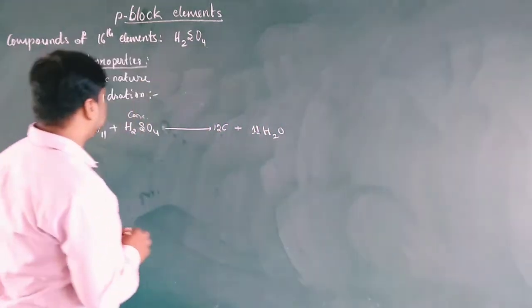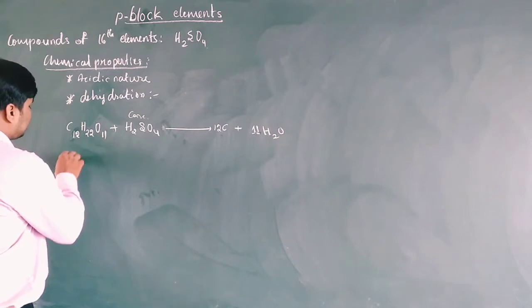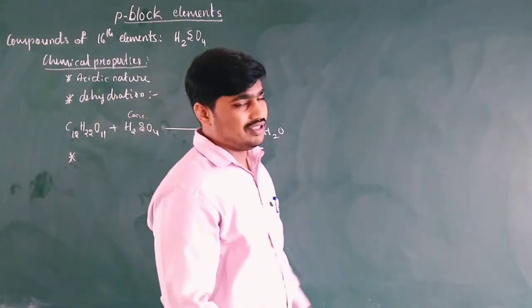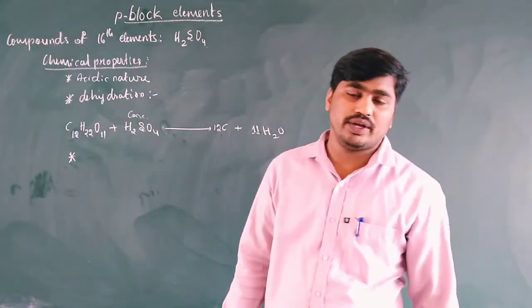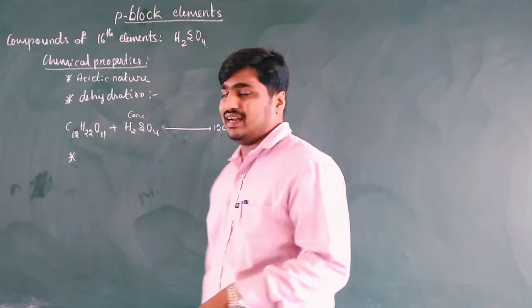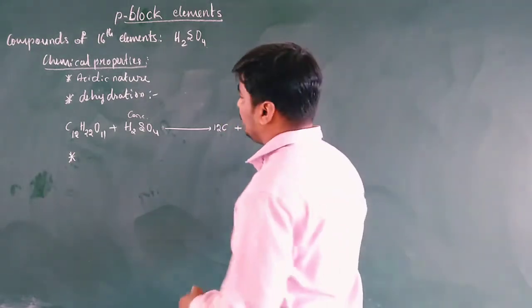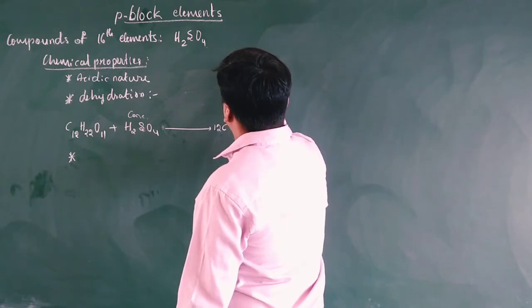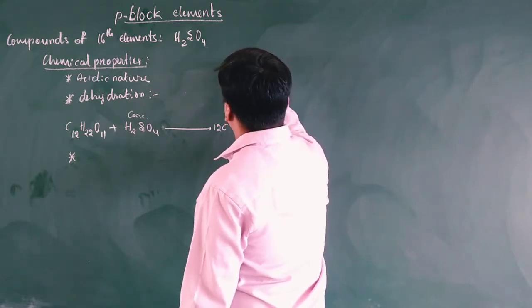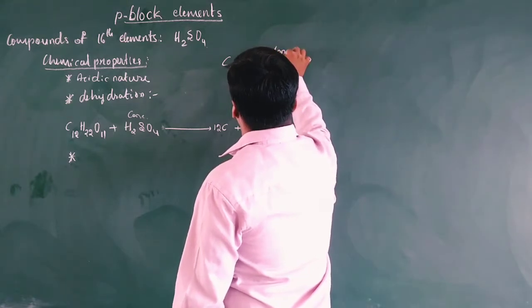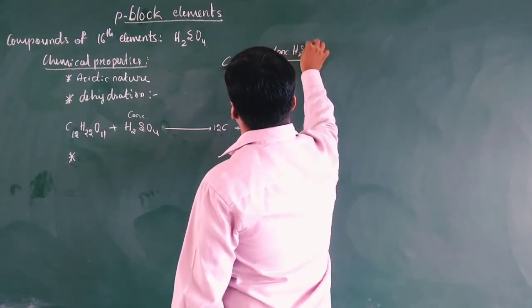So next, this reaction is very important from your exam point of view. How to represent this reaction and what type of question arises in your exam. In this case, C12H22O11 with concentrated H2SO4.